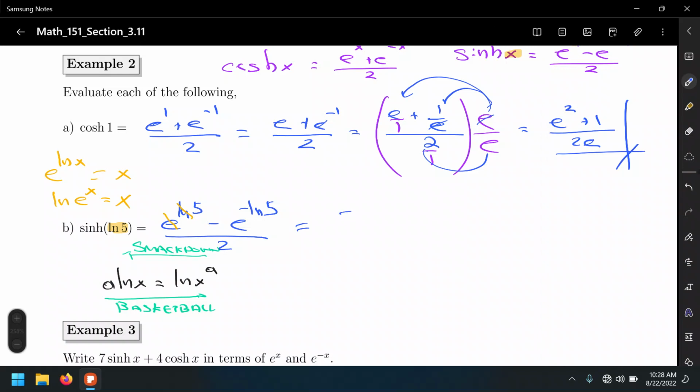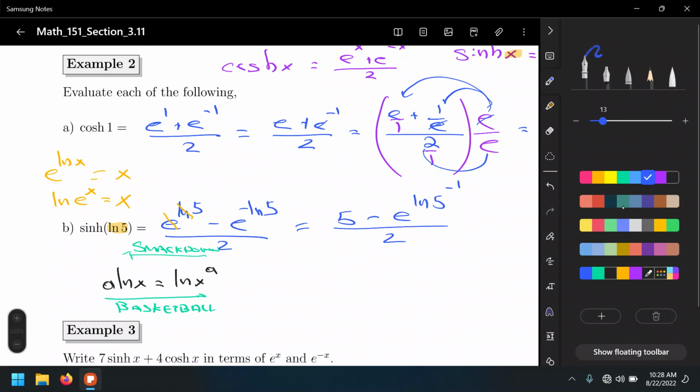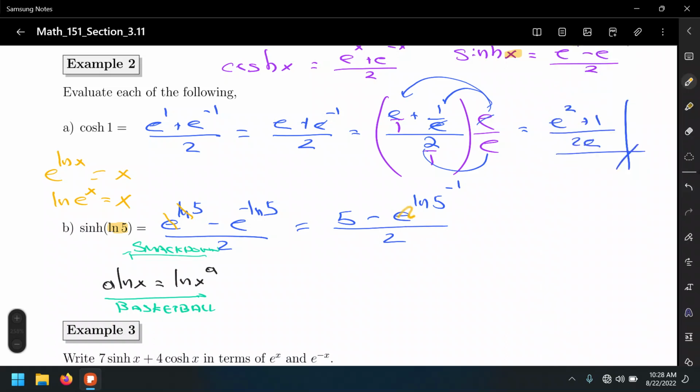So we can write this as 5 minus e to the ln of 5 to the negative 1 over 2, and only then will we be able to cancel the exponential with the logarithm by the inverse properties of exponential and logarithmic functions.